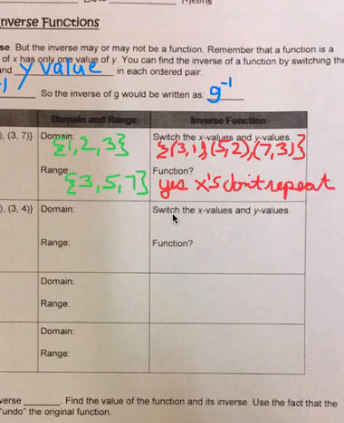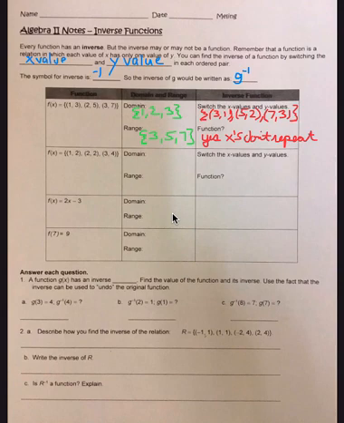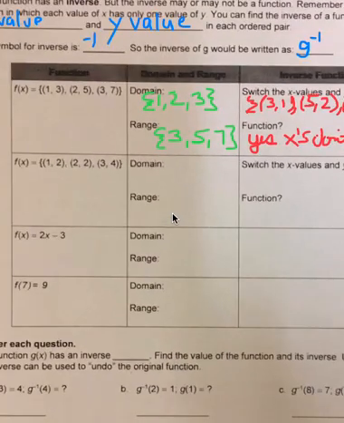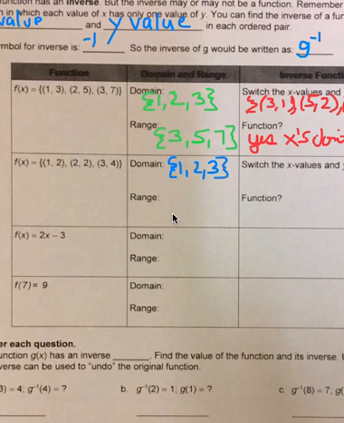We look at the next one. We have the function f of x is 1, 2, 2, 2, and 3, 4. So our domain is 1, 2, 3 again. Now our range, though, is 2, 2, and 4, but we just listed it as 2 and 4.